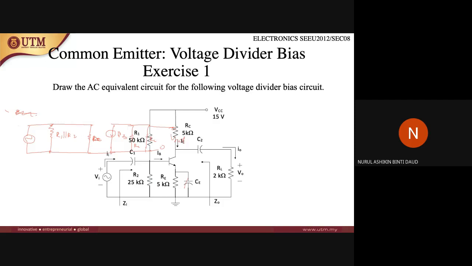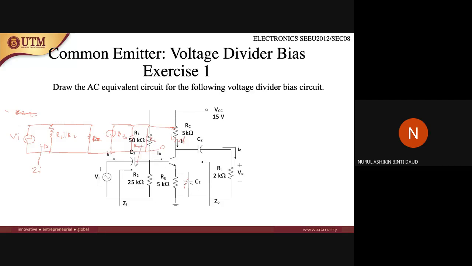So this is VI, and this is ZI. ZI is located before R2 and R1, so ZI is here, and then ZO is before RL.